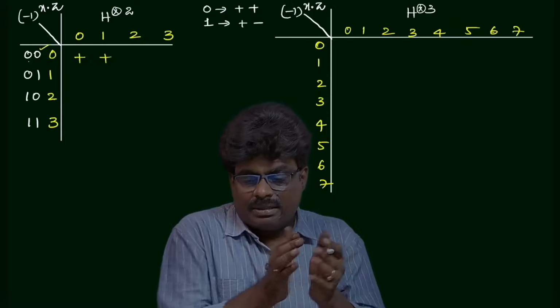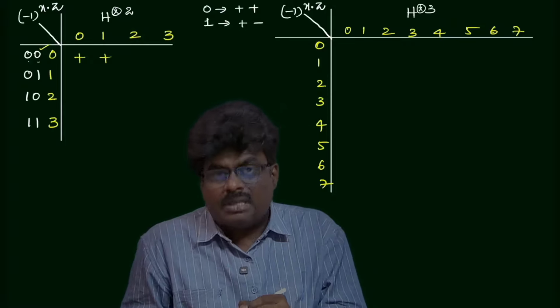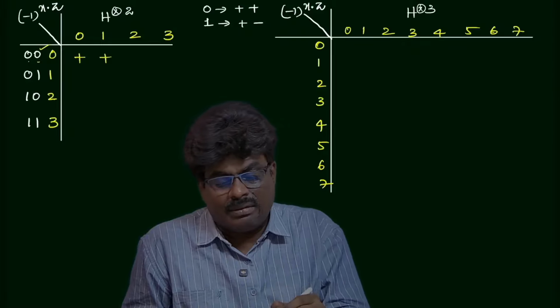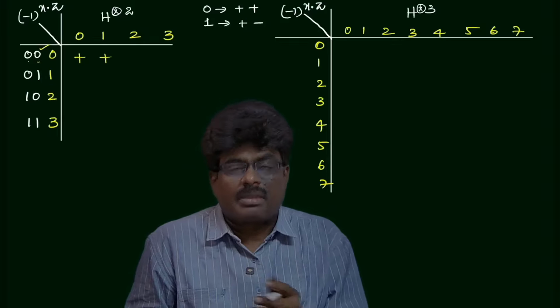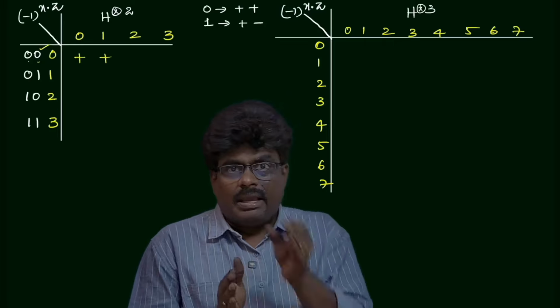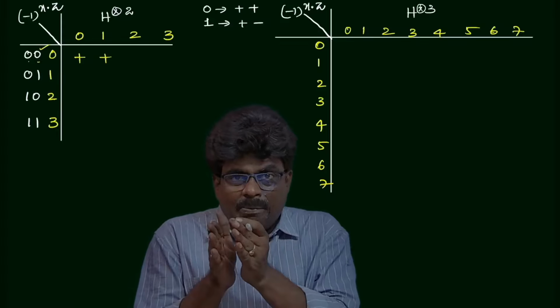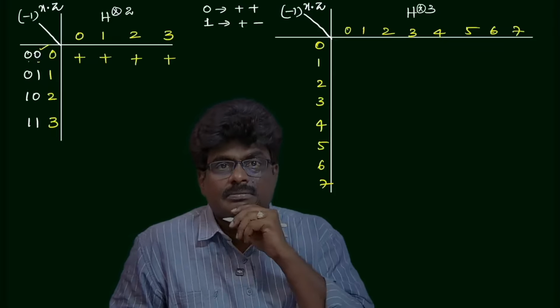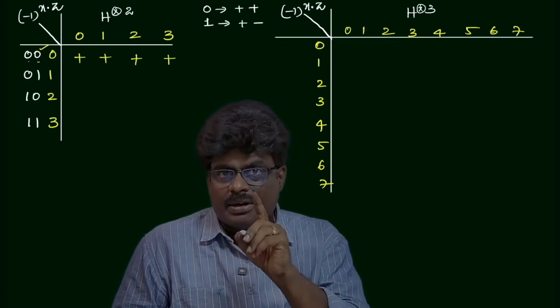I repeat, if the first bit LSB is 0, start with plus plus. If the LSB is 1, start with plus minus. After that, again 0 came, then repeat all the signs again. That means plus plus.